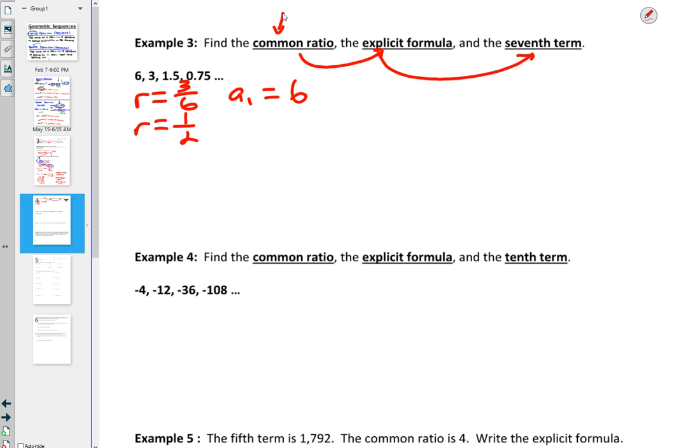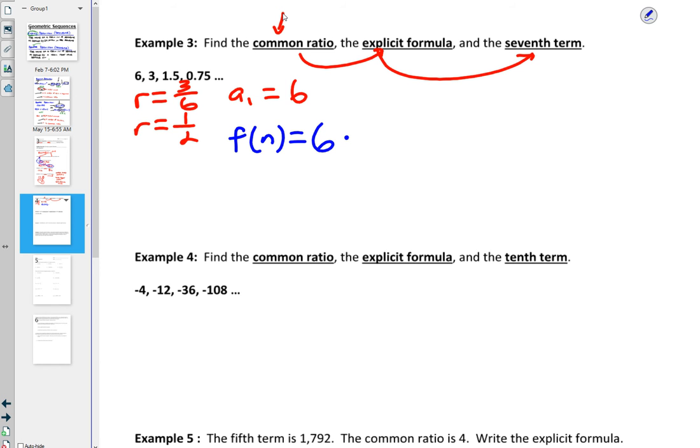So now let's write the explicit formula, which is going to be f of n. f of n is equal to, first it's the initial amount, which is 6 times.